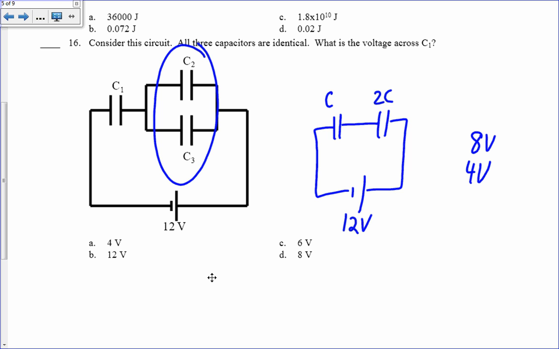Because one of them has to have a voltage that's twice the other, and they have to add up to equal 12. The smaller capacitor has the bigger voltage. The bigger capacitor has the smaller voltage. Remember, Q is equal to CV. So if C is big, that means the voltage has to be small. So I was looking at C1, that's 8 volts. D, 16.